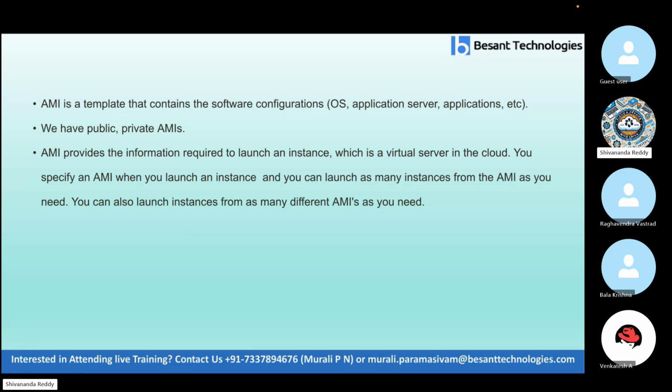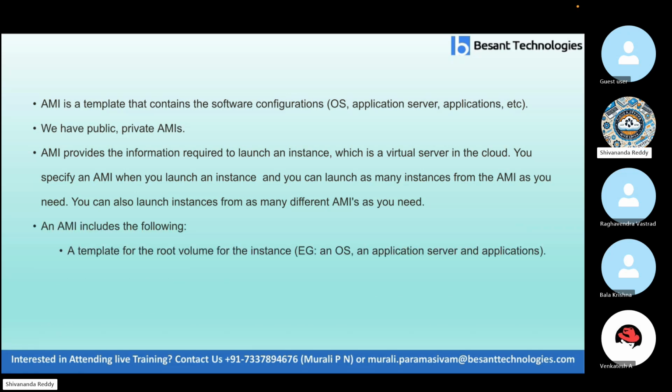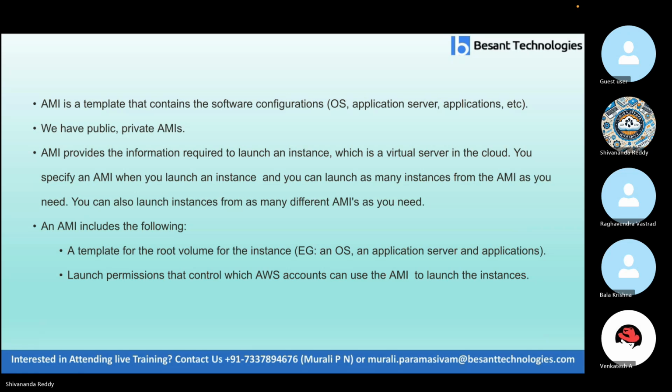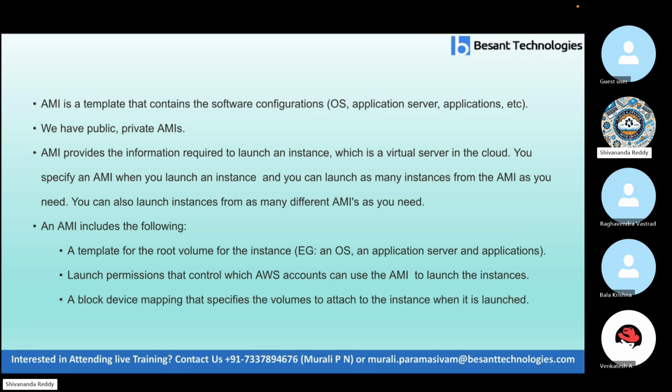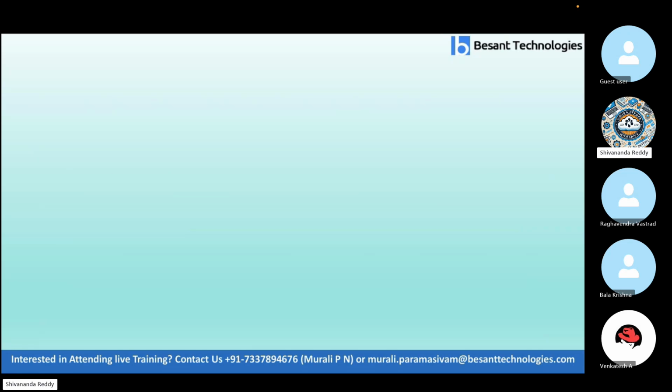An AMI includes: a template for the root volume of the instance, for example an OS, application server, and applications; launch permissions that control which AWS accounts can use the AMI to launch instances; and block device mapping that specifies the volumes to be attached to the instance when you launch it.